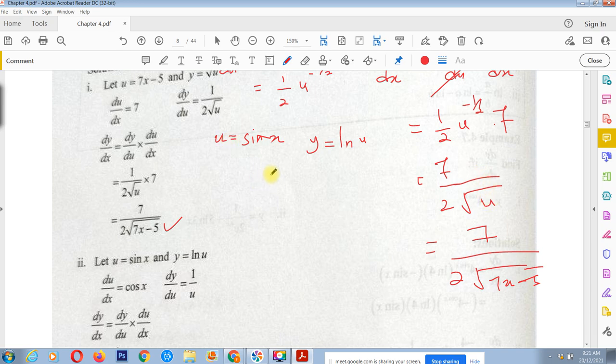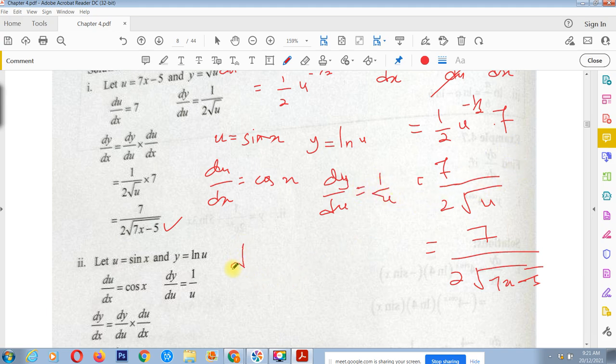We have du dx because we differentiate with respect to x, so we got cos x. And dy du, because we have u here, equals 1 over u.